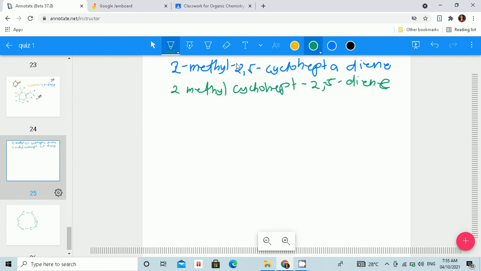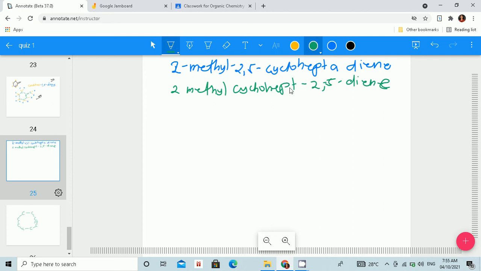But when we write in our class, we will be uniform. We will conform to the newer version, which is this one. You put the location of our double bonds in between, and then you put "ene". Okay, so we have this one.